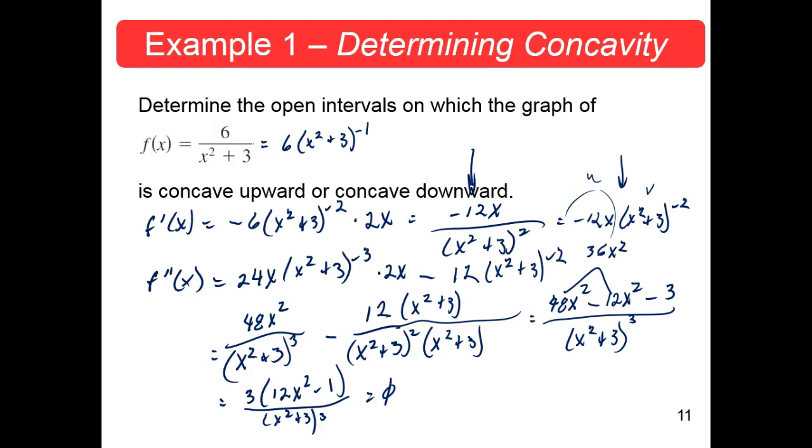See, they did the quotient rule, so it won't quite look the same. Oh, goodness gracious, I left off... No, I didn't, I had it in there. 48x squared minus 12 over that, and that's over cubed, multiplied by another one. Oh, that's a 36 there. 12 times x squared, yeah, 36.